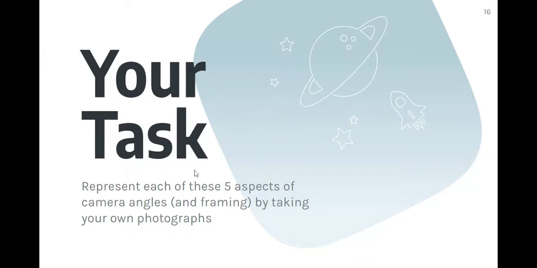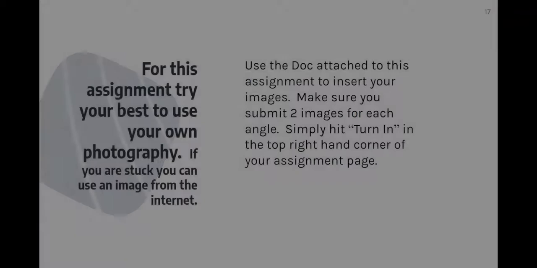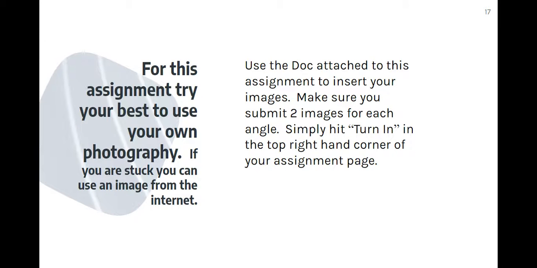Okay, so your task is to represent each of these 5 aspects of camera angles and framing by taking your own photographs. For this assignment, try your best to use your own photography. If you're really stuck, you can use an image from the internet. So if you don't have access to a phone or a camera and you're just using a laptop, then you can take images from the internet.